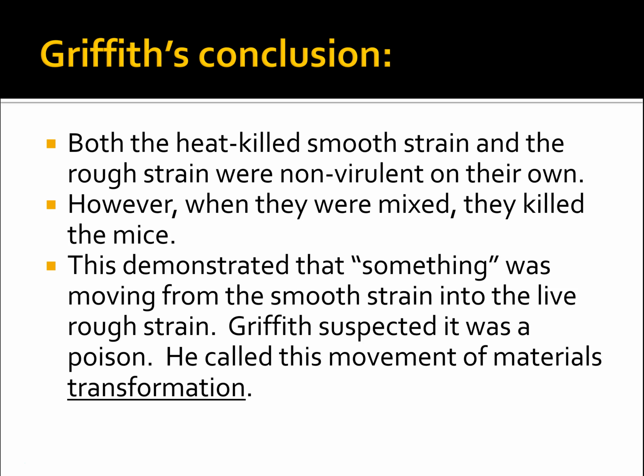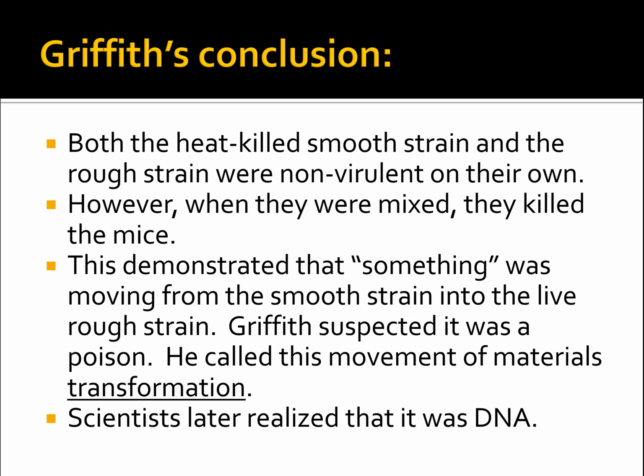So this demonstrated that something, he didn't know what yet, was moving from the smooth strain into the live rough strain. Griffith suspected that it was a poison. So the poison, or whatever was moving from that heat-killed strain, was moving into the live, harmless strain, and therefore making it harmful. He called this movement of materials transformation.